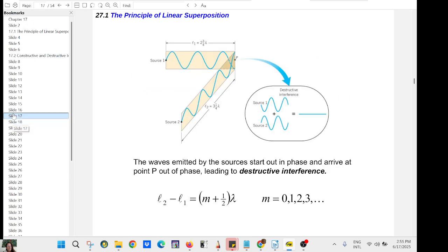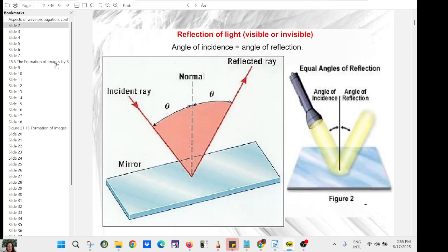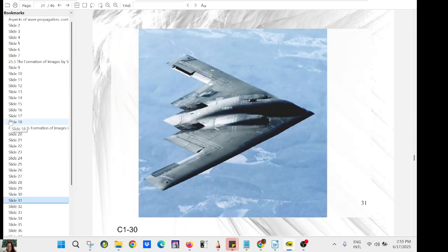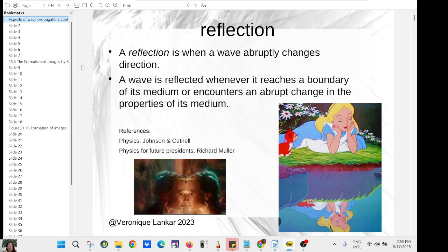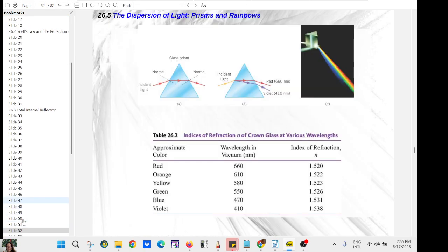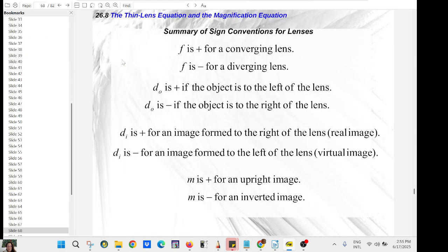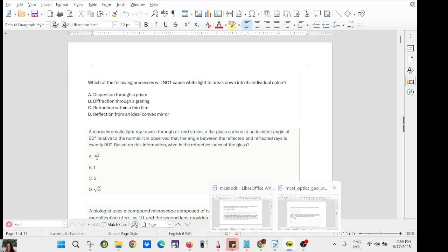I have so many slides. This is reflection, and this is the experiment done by Newton, by the way. Here he put a prism, but I cannot find the slides because I have so many.